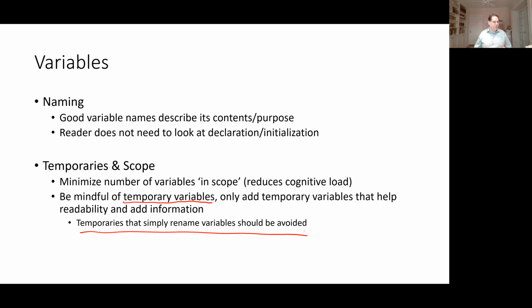Temporary variables that are given good names and represent some kind of sub-step in what you're doing can actually help a person understand. So again, it's kind of like writing an essay in English. There's some craftsmanship to this. Too few temporaries can be bad, too many can be bad, so you have to get used to what is easy for people to read.